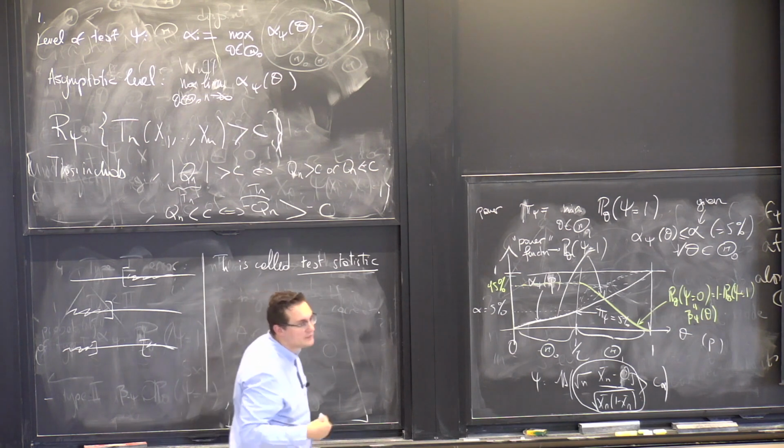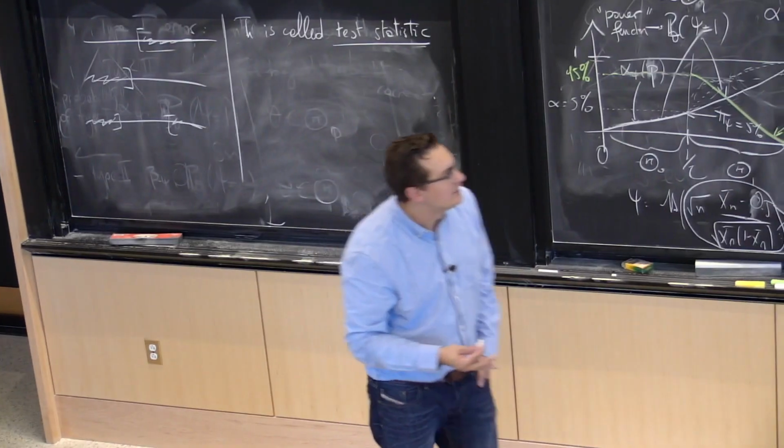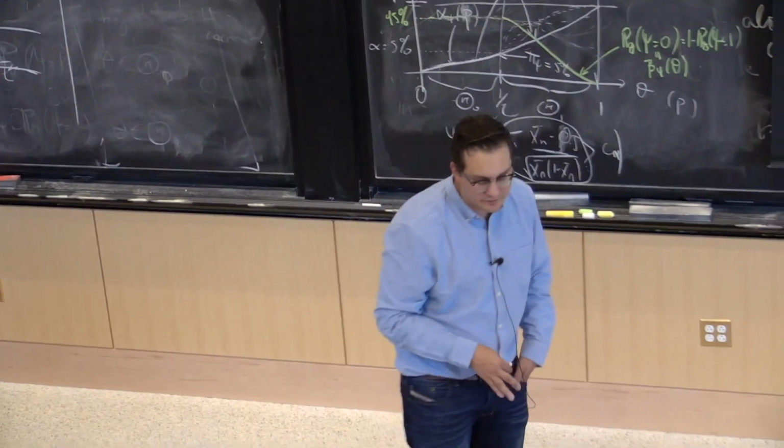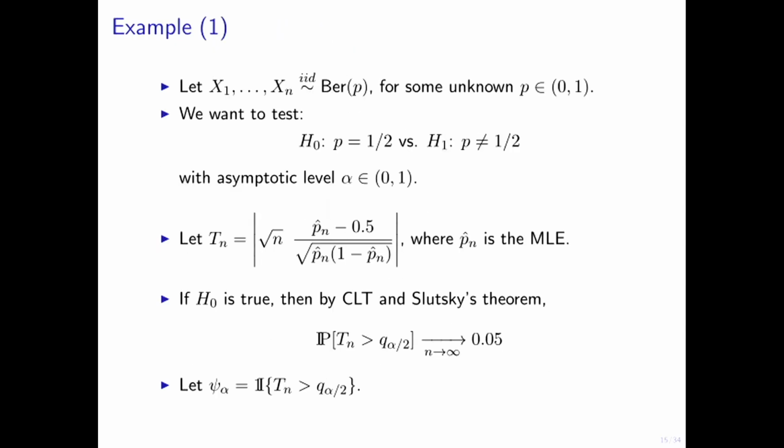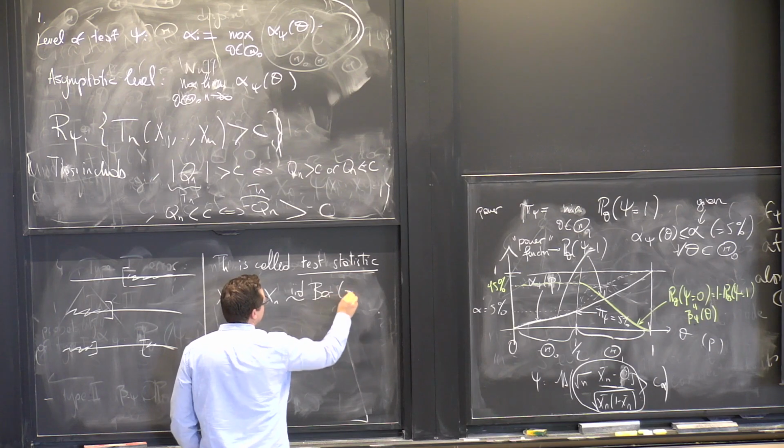So when you're building a test, you want to first build a test statistic, and then see what threshold you should be getting. Okay, so now let's go back to our example where we have x1, ..., xn. They're IID Bernoulli p.